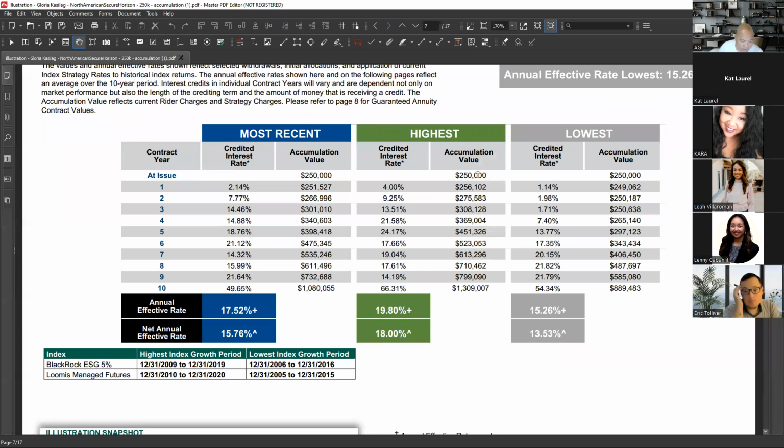So here, a 250,000 accumulation value, highest potential after 10 years, 1.3 million. Don't show this. Most recent is $1 million. Worst case in the last 10 years is 889,000, right?